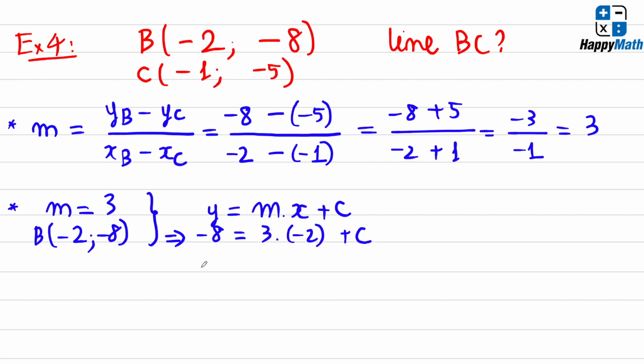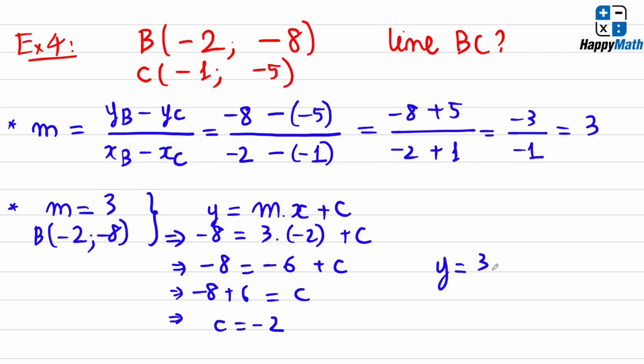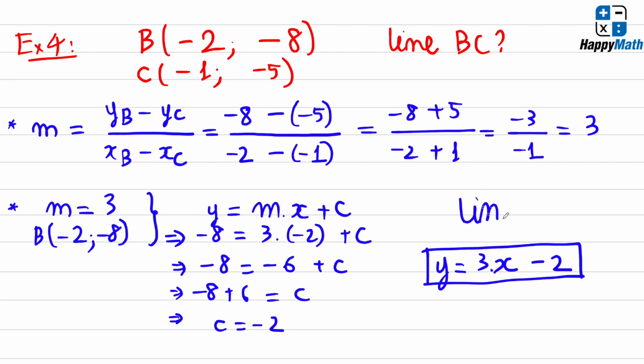So plus c in here, and negative 8, negative 6, and plus c, and then you will get negative 8 plus 6. Very easy to figure out, c will be negative 2. So the final answer for this question is 3 multiplied by x plus negative 2. So here is the equation of line BC.